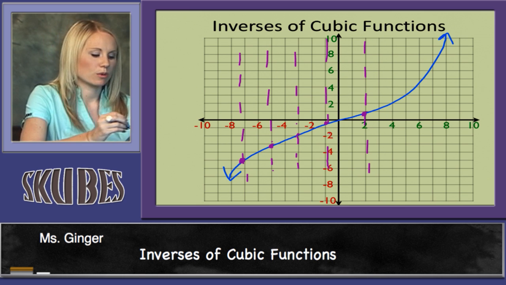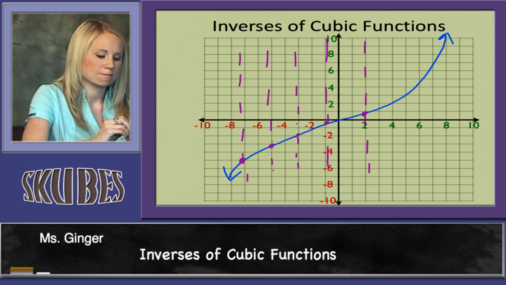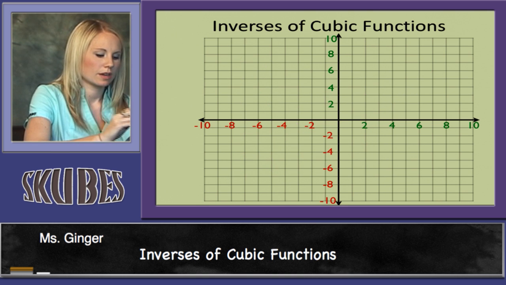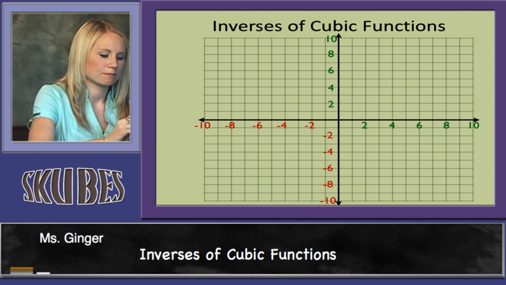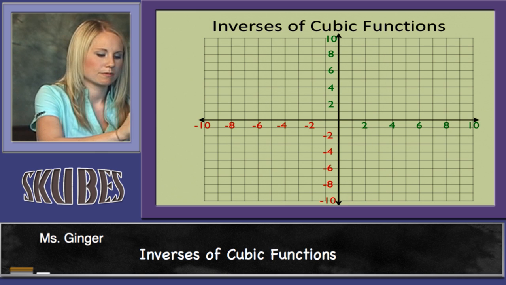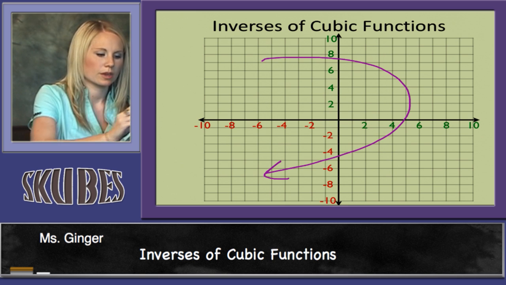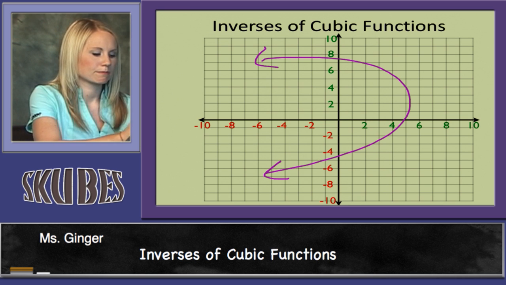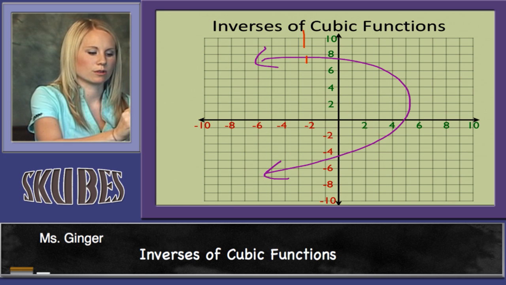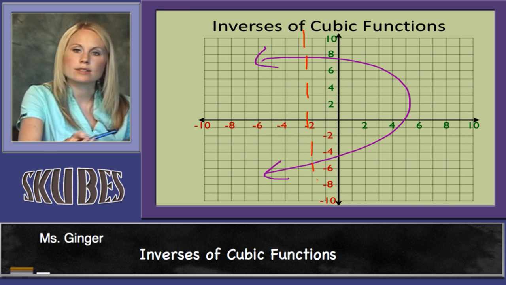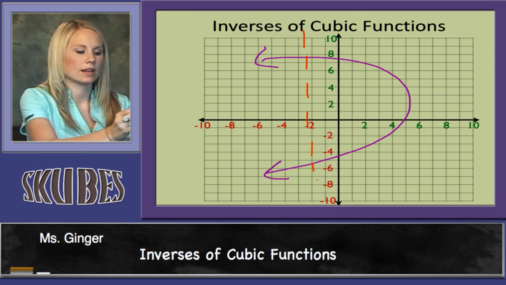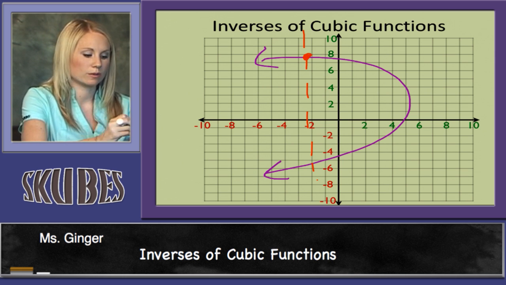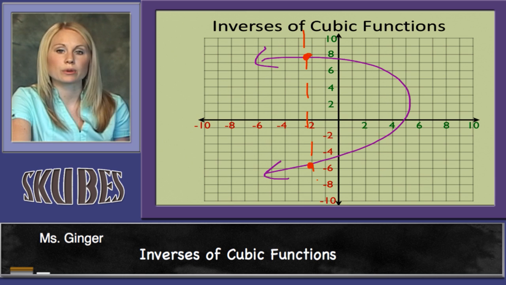Okay? If we were looking at, let's say, something like this, and we performed the same vertical line test, we would start drawing our vertical lines, and we would notice that over here on this left-hand side, anywhere I draw one, really for a while through this function, I'm going to hit two locations.